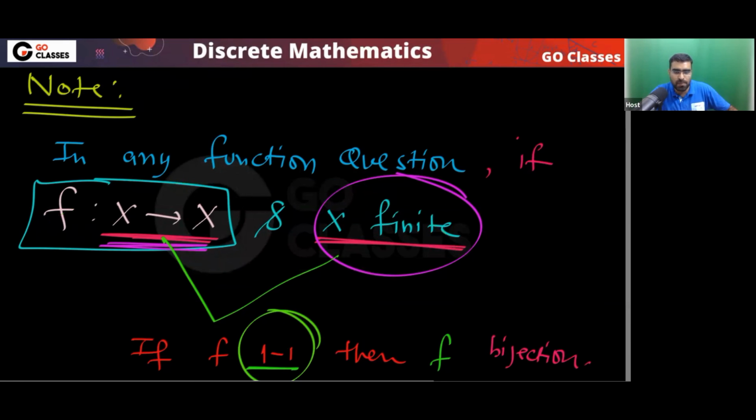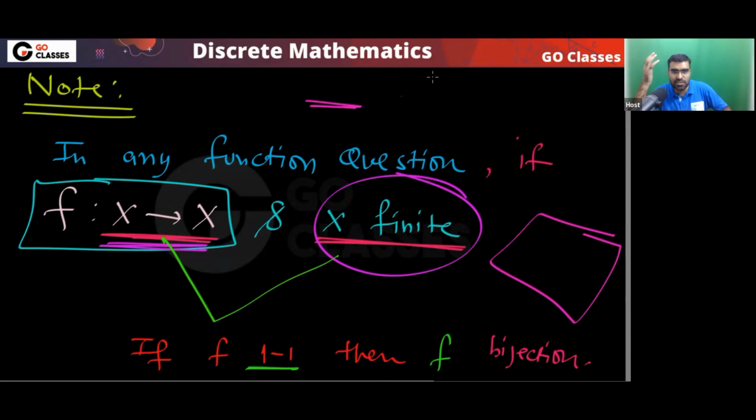Why am I telling you this? Because once upon a time, I was solving a standard question, I think from Berkeley University or Stanford University. I was not getting the answer that they had given.